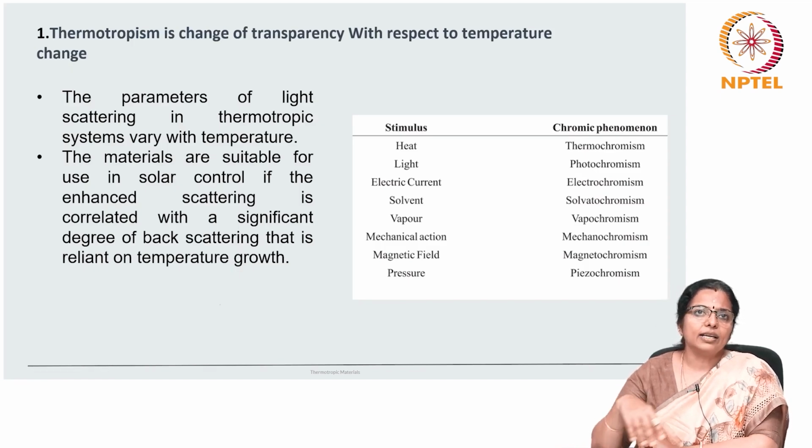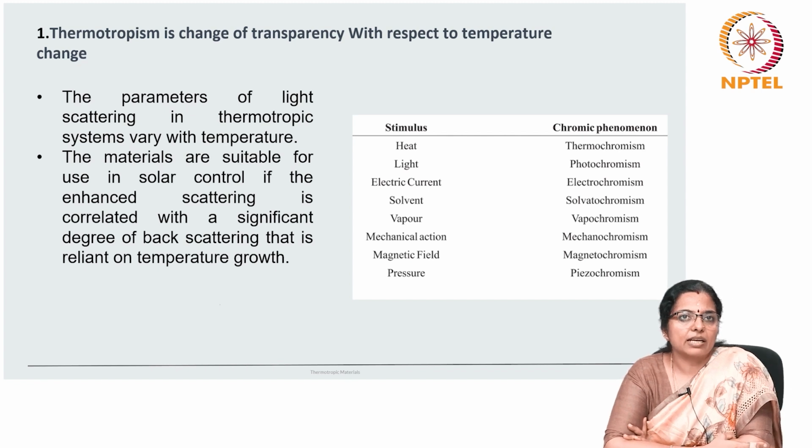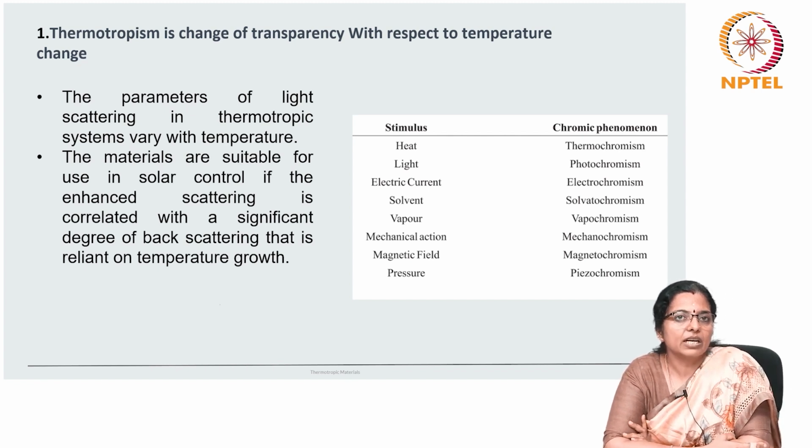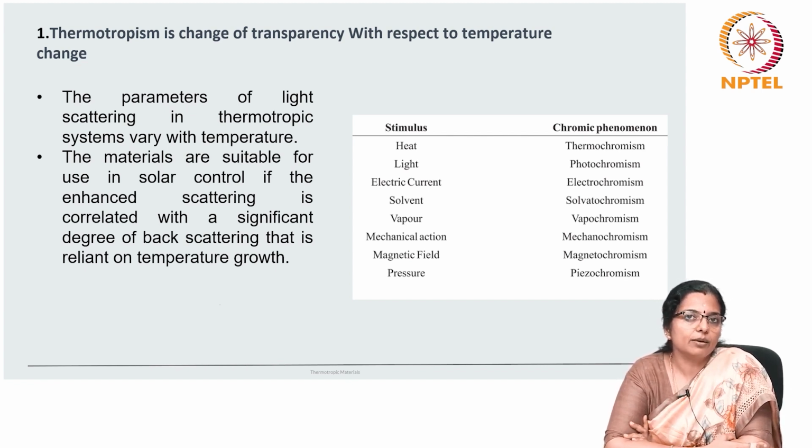So, what are the parameters? Thermotropism is change of transparency with respect to temperature change, and the parameters of light scattering in thermotropic systems vary with the temperature.